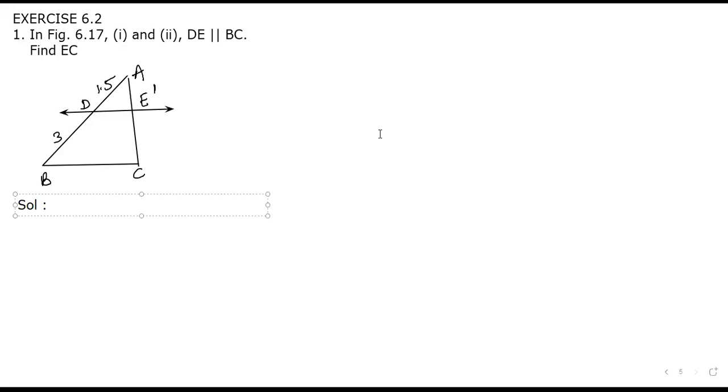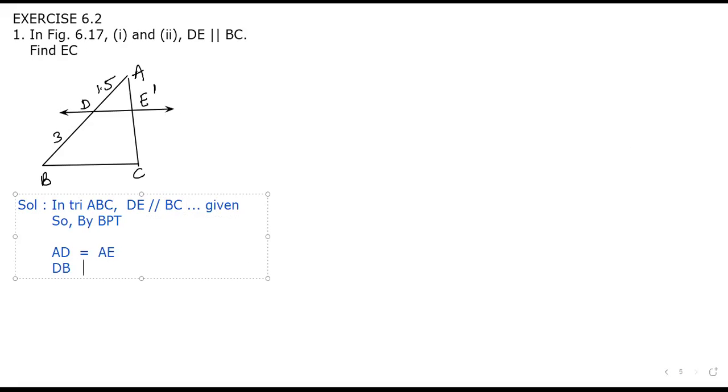Solution. How should we start the solution? In triangle ABC, given DE parallel to BC. Therefore, by BPT, mention by BPT, AD upon DB is equal to AE upon EC.